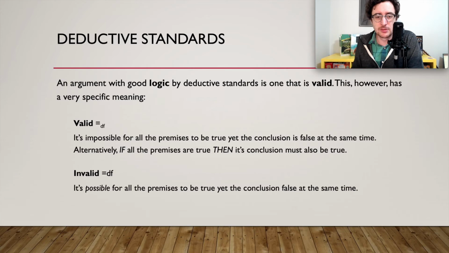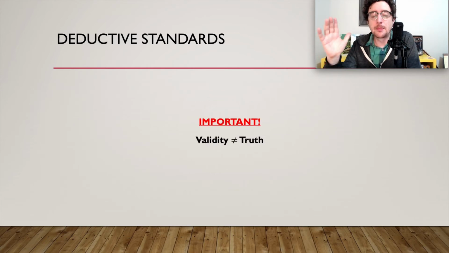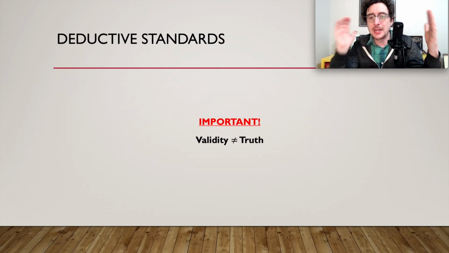Here's an important point, the number one thing that causes confusion among students. Validity is not the same thing as truth. To say that an argument is valid is not to say anything about whether its premises are true or whether its conclusion is true. It's to say something about the relationship between premises and conclusion.